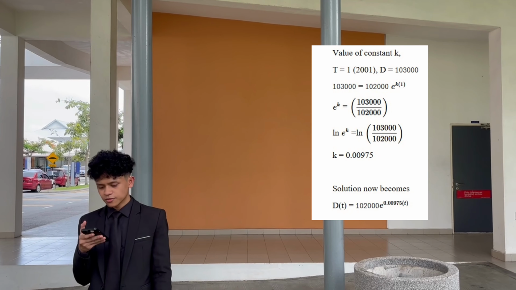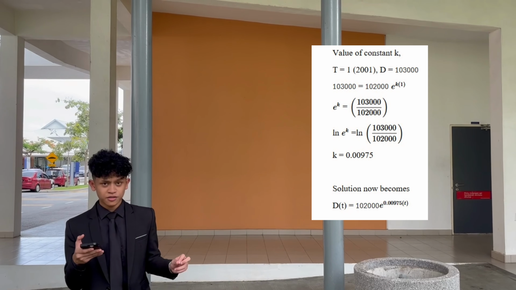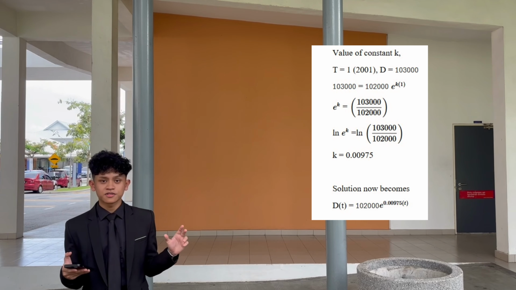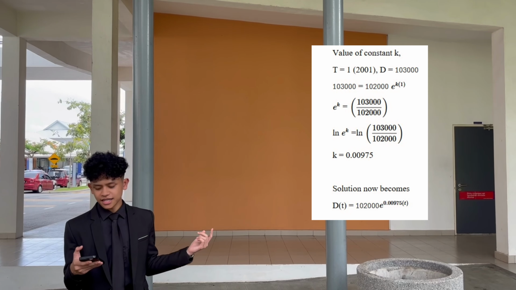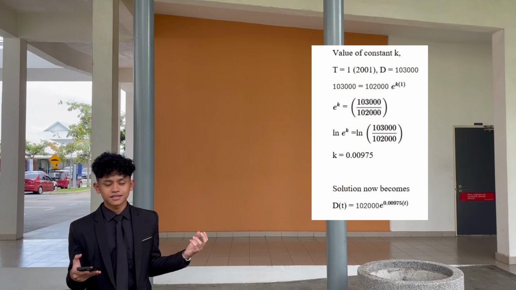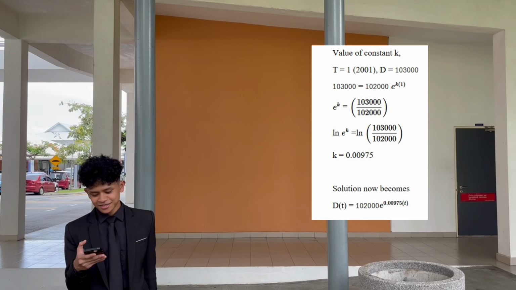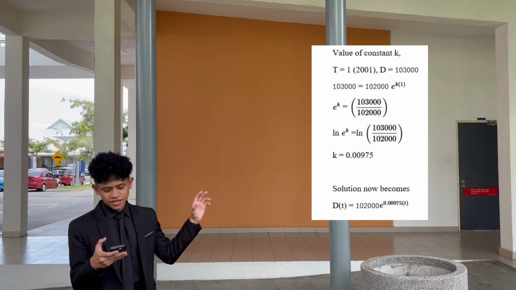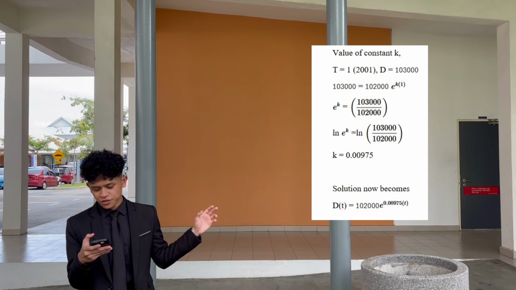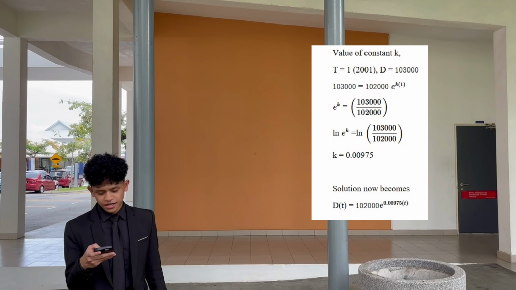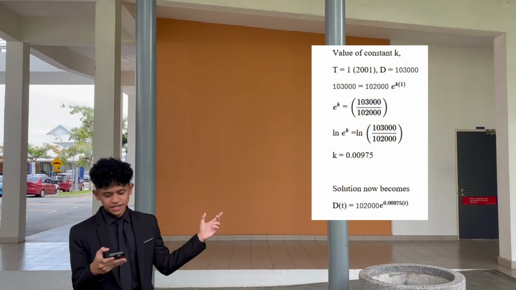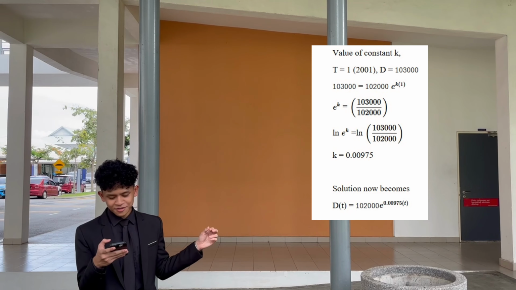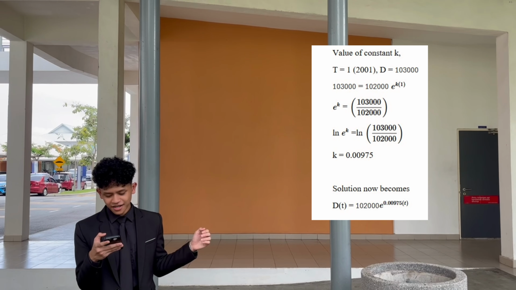Next, we need to find the value of k by using the data from year 2001, where t is equal to 1 and D is equal to 103,000. Substituting into the equation and solving for k, it gives us 0.00975. Now, our final model is D(t) is equal to 102,000 e to the power of 0.00975t.